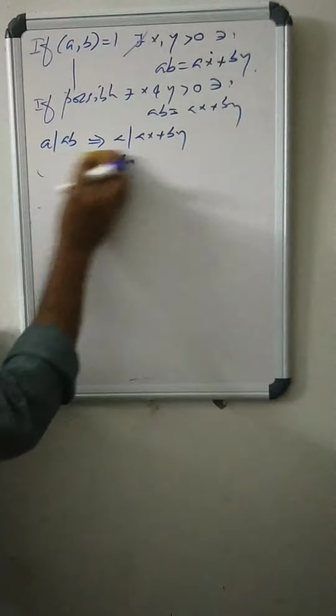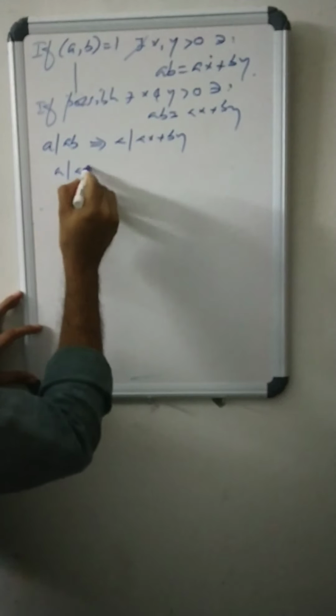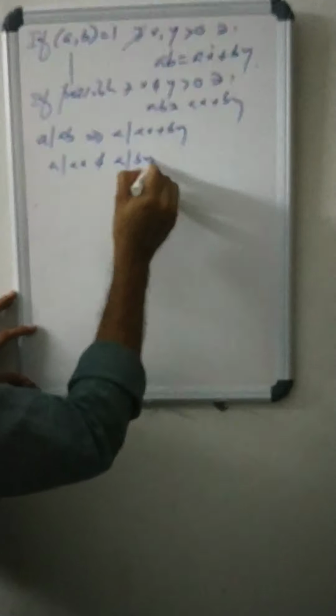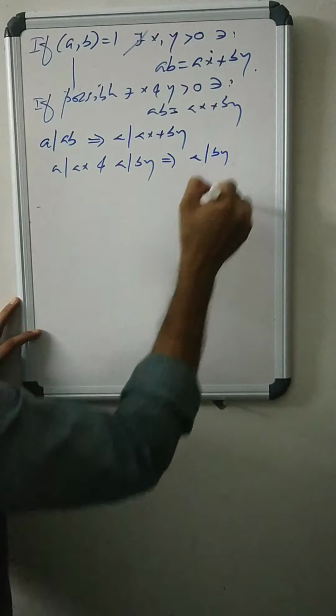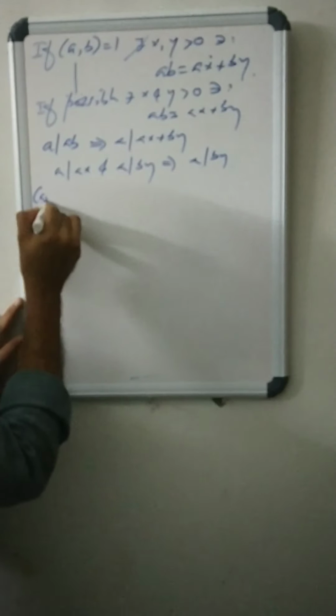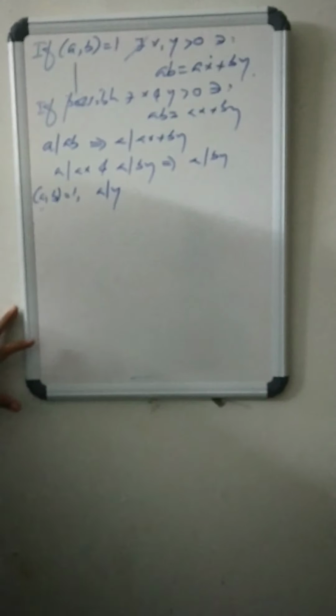Listen, a divides ax plus by means we can rewrite it as a divides ax and a divides by. That means a divides by. But since a and b are relatively prime, surely a divides y.